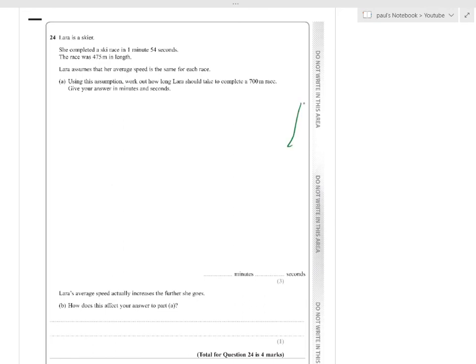Okay, so let's do one of these triangle thingies for speed, time, distance. We've got the time, we've got the distance. So let's work out the speed. Speed is distance, which is 475, divided by the time.